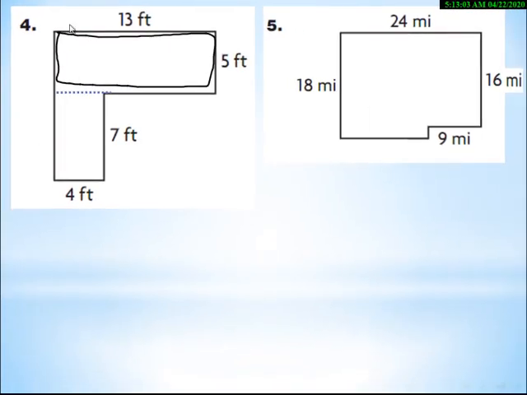Yes. Its base is clear for you, equals 13 feet, and its height is clear also for you, equals 5 feet. So the first rectangle, 13 by 5, equals what?